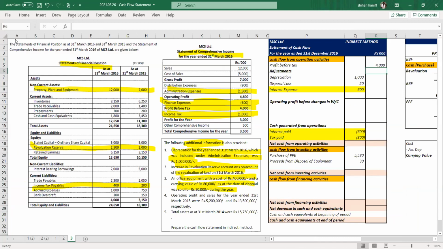Then changes in working capital: inventories, trade payables, prepayments, trade receivables and trade payables, and also accrued expenses.